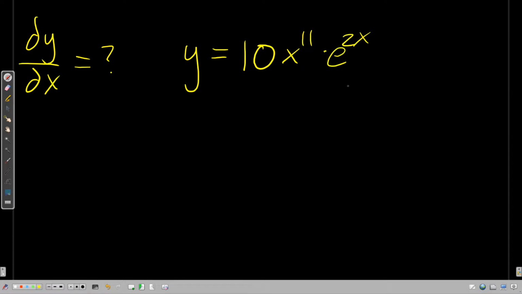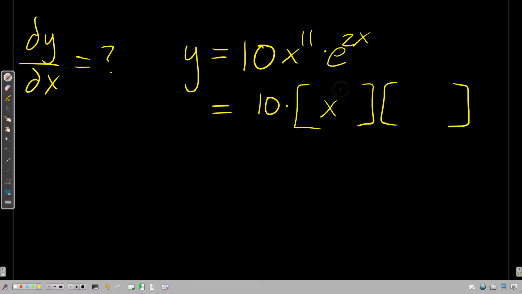Okay. So you're looking at this function y, and what you should really be seeing is that you have a constant way over there, and then over here you've got these two functions being multiplied. Okay, this is what y looks like.